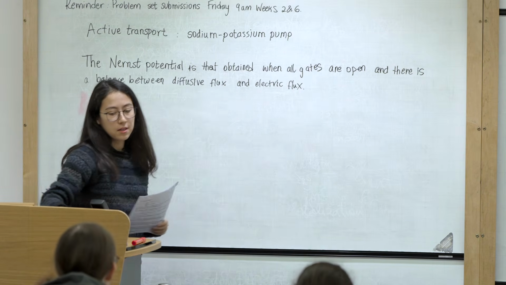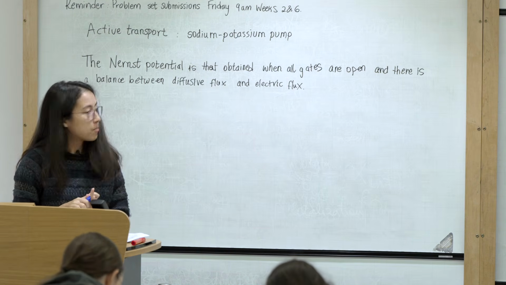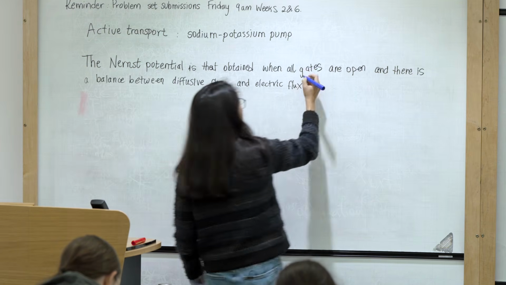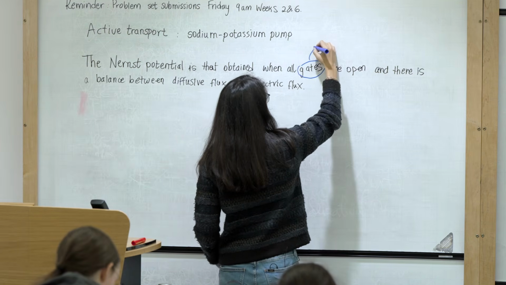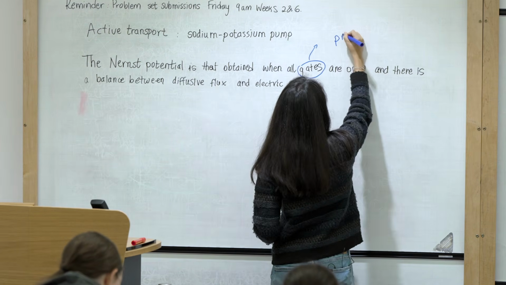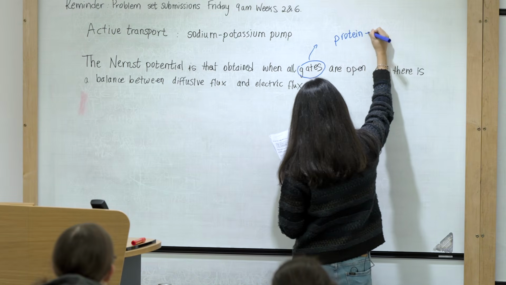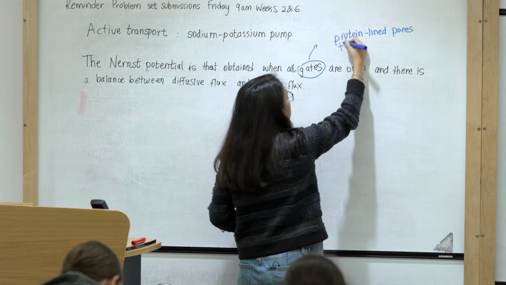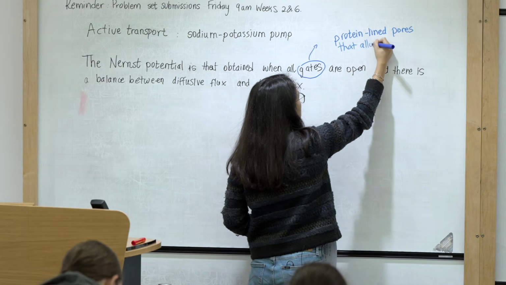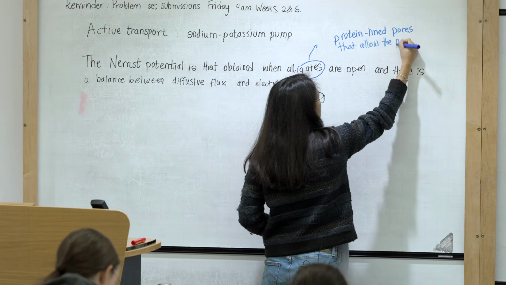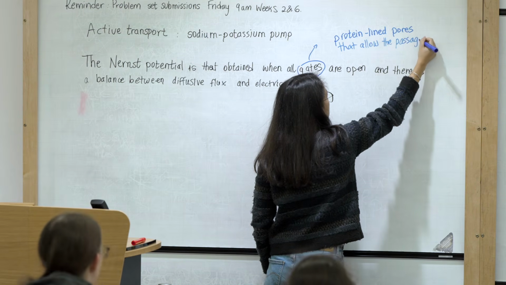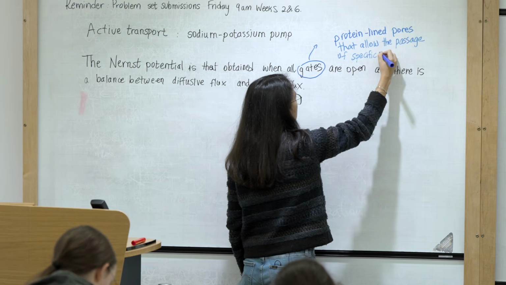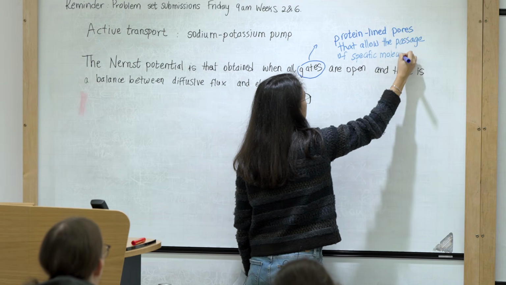So gates, basically what are they? They are protein-lined pores that allow the passage of specific molecules, right? So if you are unaware of what this means, I will write here they are protein-lined pores that allow the passage of specific molecules.